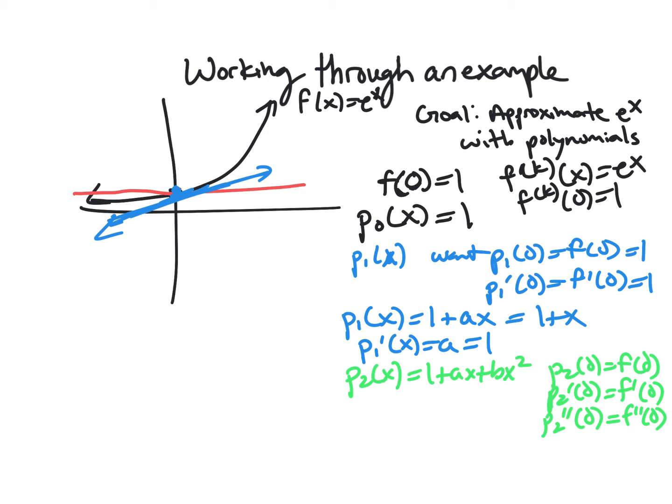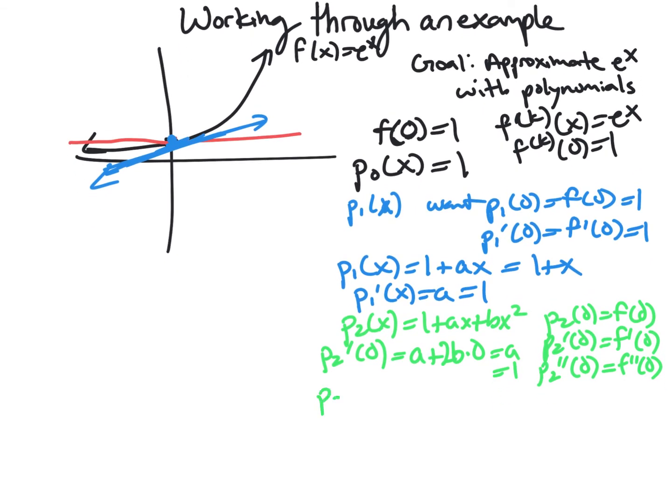So in this case, p2 prime of 0, well, what is p2 prime? It's going to be a, once we take the derivative, plus 2b times 0 in this case for the x left over. So this is going to be a. So again, a is 1.